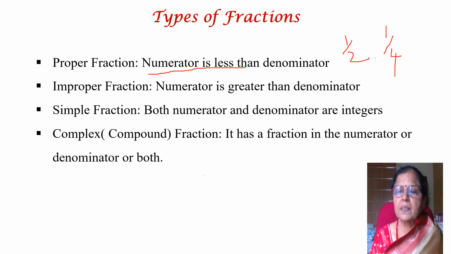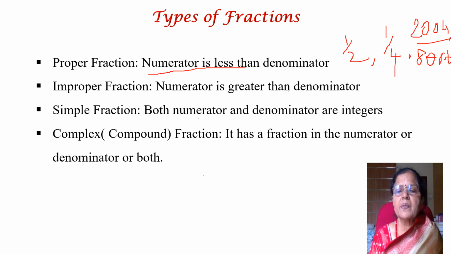Or let us look into a bigger number, like 2004 by 8006. This is also a proper fraction where the numerator is less than the denominator.